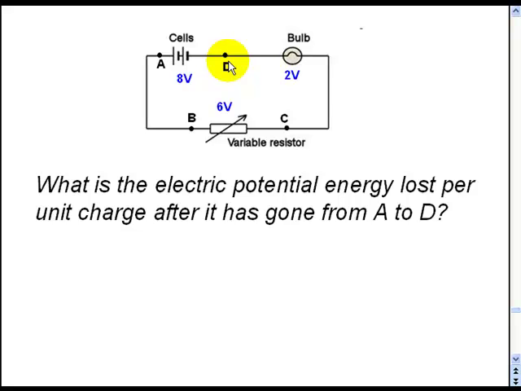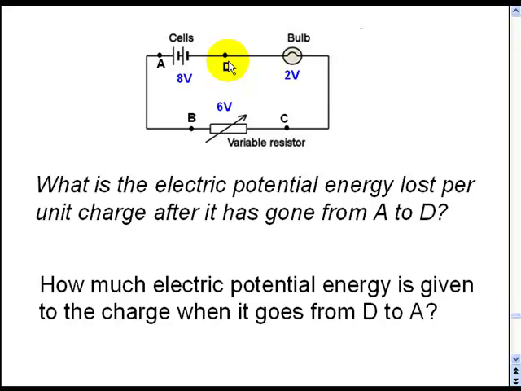Second question: how much electric potential energy is given to the charge when it goes from D to A? Well, it is 8 joules per coulomb for both questions. Do review the lesson if you still have some doubts.